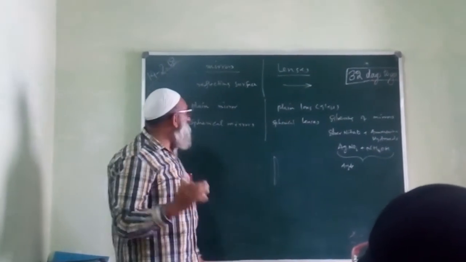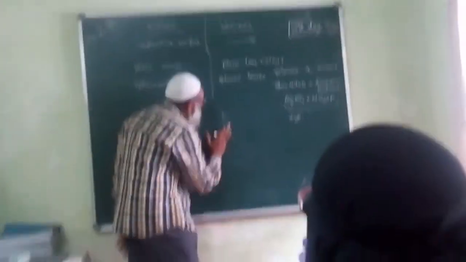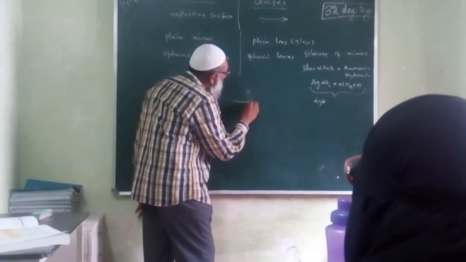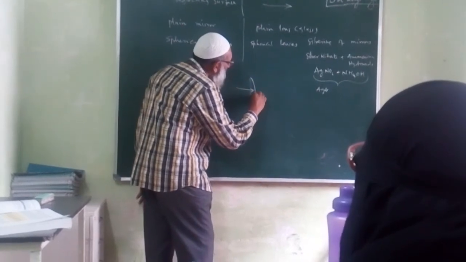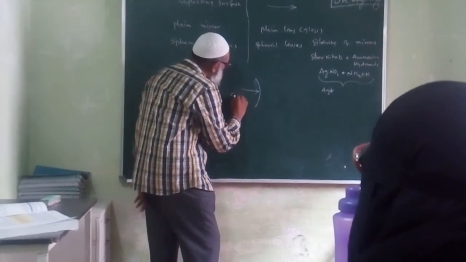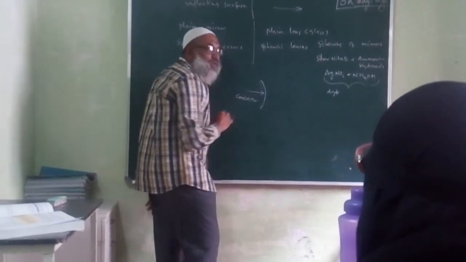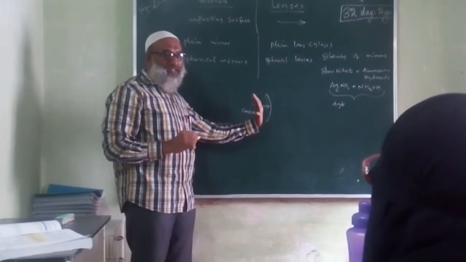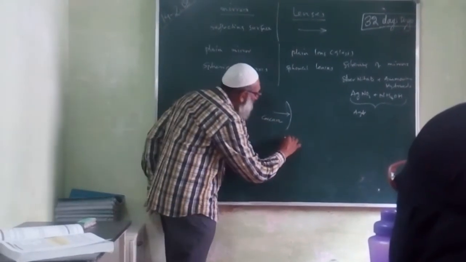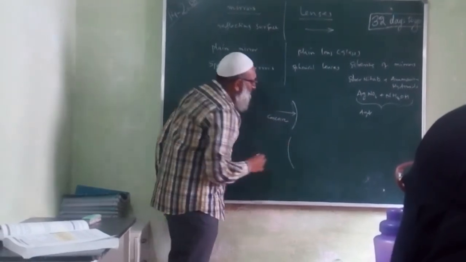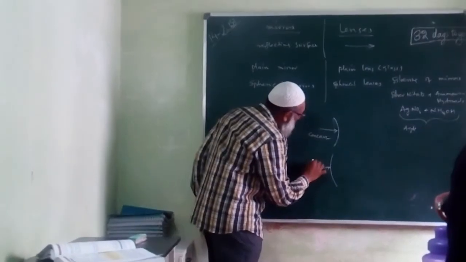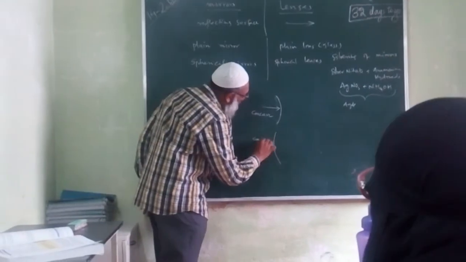If we see from this side, we have a curved surface like this. We call this surface concave, cave-like. Now the same thing, if I invert it like this, we call it convex.